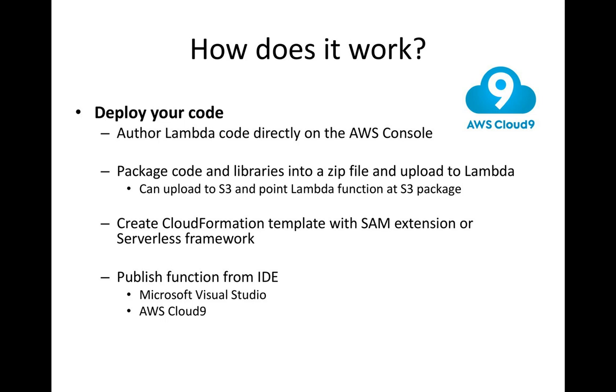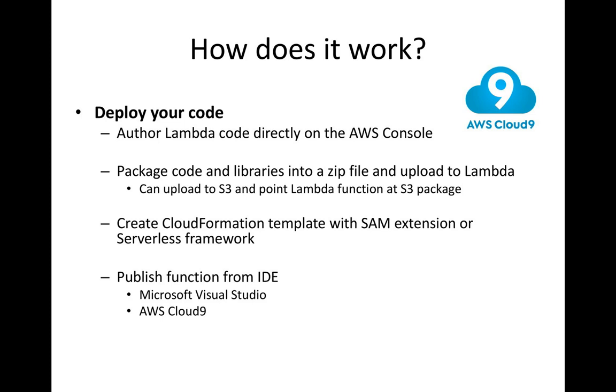You can create your Lambda function code and put it directly into a CloudFormation template, or use one of the serverless frameworks that I'll show you later in the lecture. And you can also publish code directly from some sort of integrated development environment. Like Microsoft Visual Studio has a plugin which allows you to directly edit and publish Lambda code.